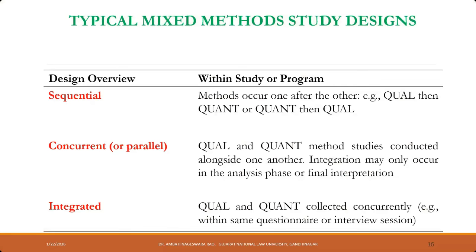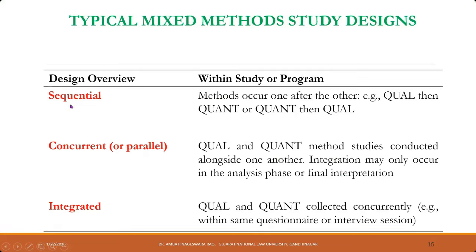Now, I have discussed the reasons for using mixed methods. If you look at John Creswell, you'll find a lot of research designs. But if you classify them, we have three types of mixed methods: one is sequential, second is concurrent, third is integrated.